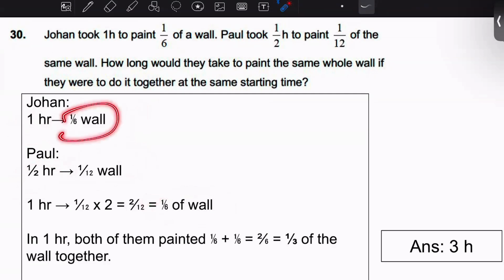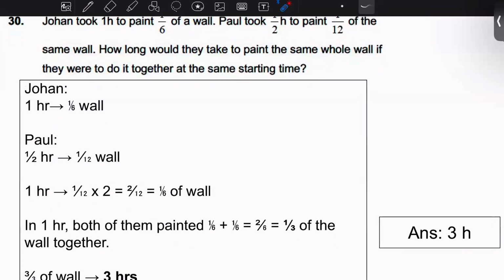So you want to know how long he takes to paint the same amount of wall. So 1/12 times 2, and then half an hour times 2 also, which is 1 hour, right? So Paul takes 1 hour to paint 1/6 of the wall.